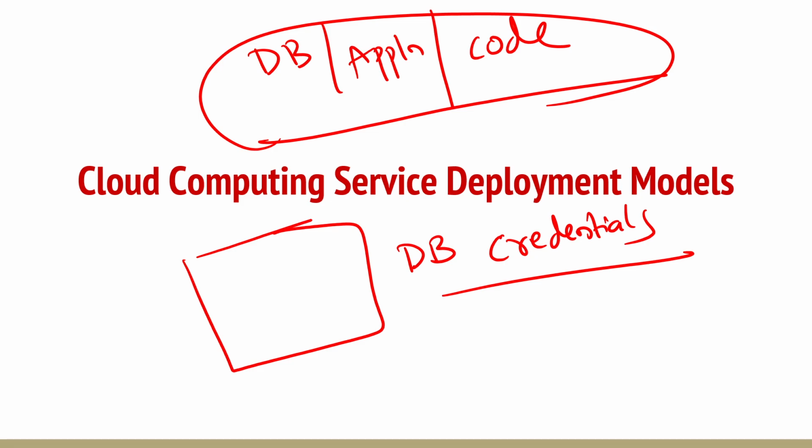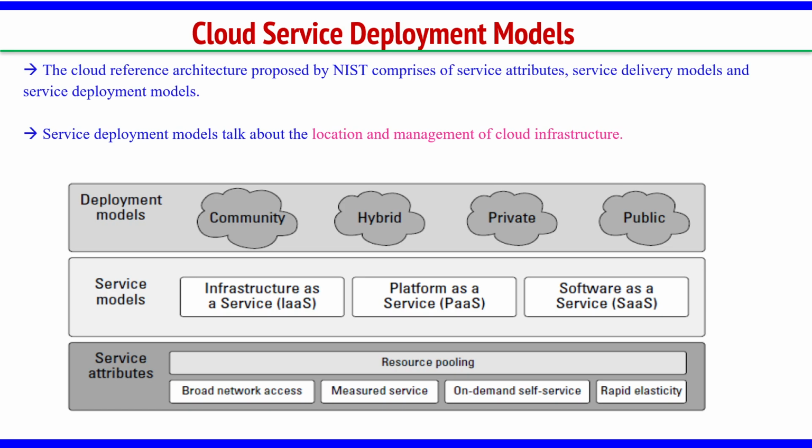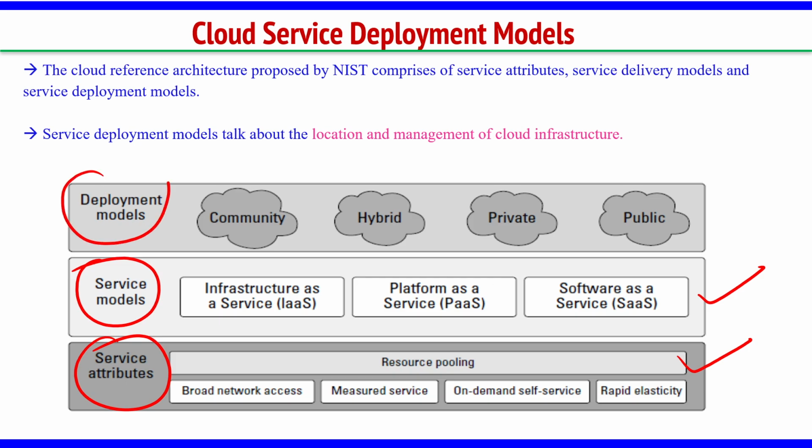So here we talk about the different types of service deployment models in cloud. The standard reference architecture proposed by NIST comprises service attributes, which are the characteristics of cloud that we have studied, then the 3 different service delivery models, and then 4 different deployment models: public, private, hybrid and community.